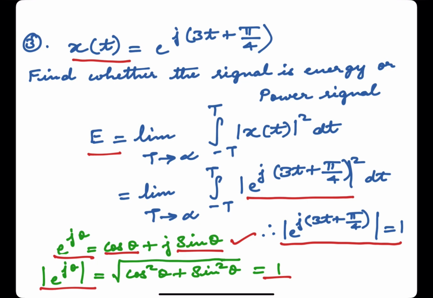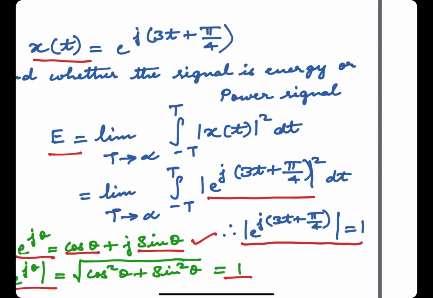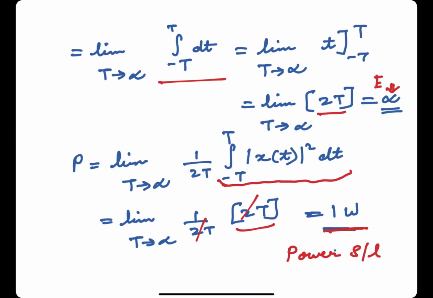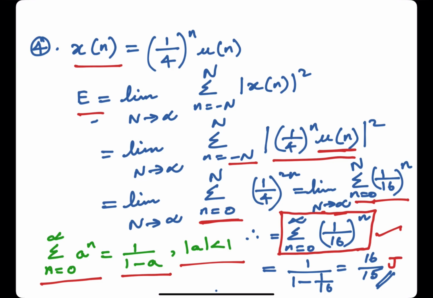Then another example is x of t equivalent to e power j 3t plus pi by 4. Based on how e power j theta behaves, we simplify the integration and calculate the energy or power value.